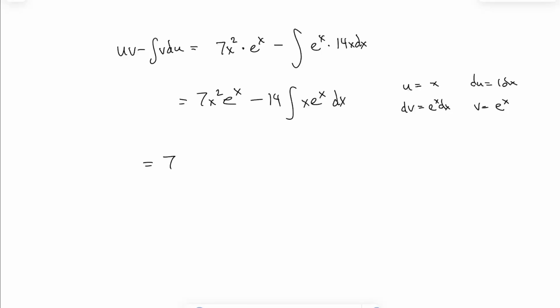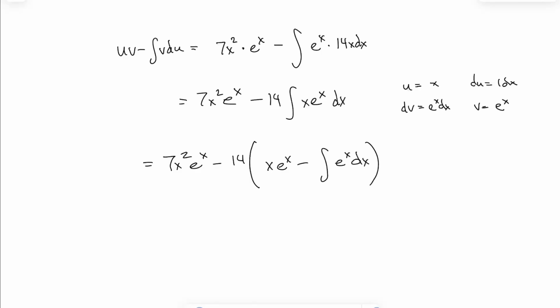So I got 7x squared e to the x minus 14. And now put parentheses here. The 14 has to distribute across what I'm about to write. And it's going to be, again, uv minus integral v du, where I'm talking about the new u's and v's here. So I go uv, that's x e to the x, minus integral v du, that's e to the x dx.